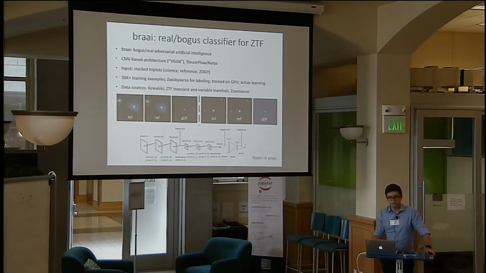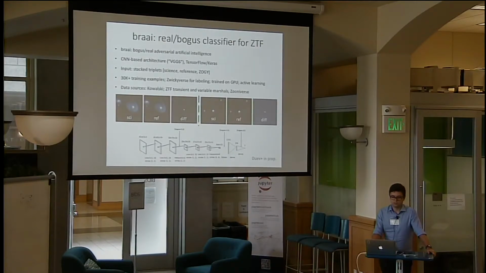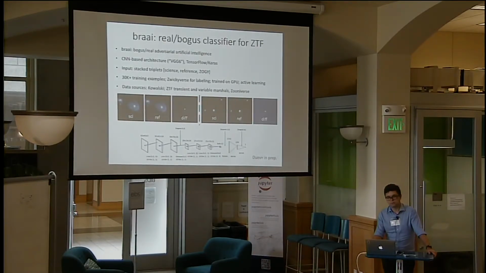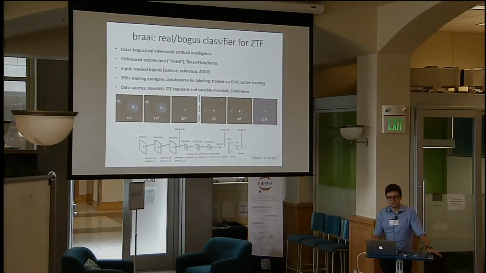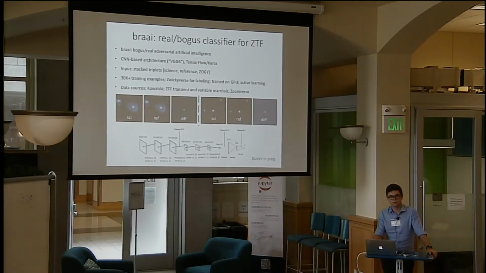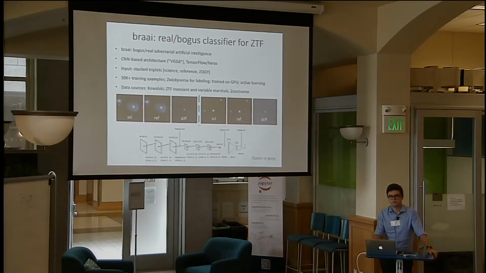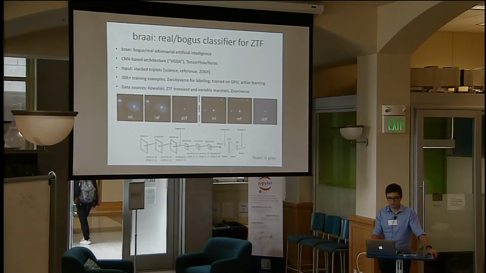We tried relying on, say, citizen scientists, for instance, but as it turned out, they're really good at identifying reals, but on the bogus side, people actually tend to call lots of things that are actually real boguses, something like 30%.